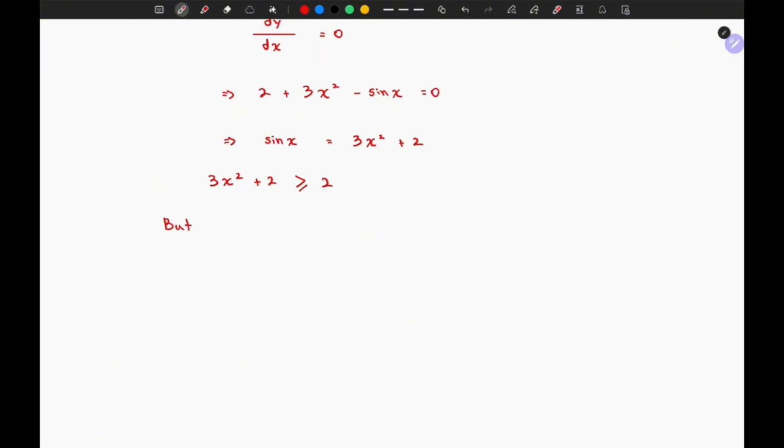But sine x must be less than or equal to 1 and greater than or equal to minus 1. Sine x cannot be greater than 2. It will not give you any answer. So this contradicts our assumption.